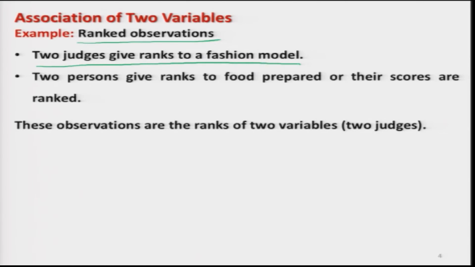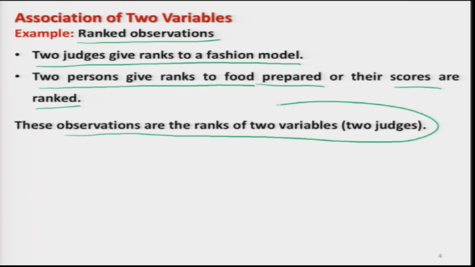or there is another example that a person has cooked food and there are two persons who are giving ranks to the food preferred, or their scores are ranked. In these cases, the observations are obtained as the ranks of two variables, where two judges or two persons are those two variables.